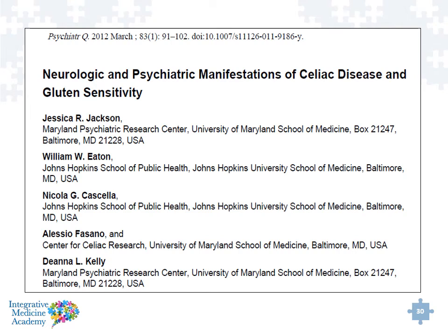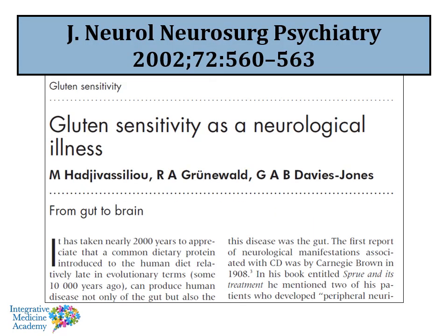This was one article going back a number of years that was looking at neurologic and psychiatric manifestations of celiac disease as well as gluten sensitivity. And this was another author looking at gluten sensitivity as a neurological illness. A lot of people are just assuming it's a gut problem.